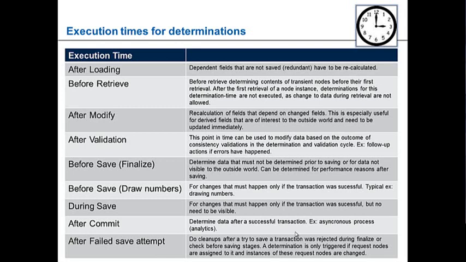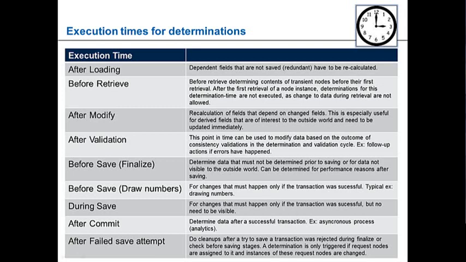And then you had other user exits, for example, for doing the number range. So these execution times for determinations are similar to this concept, but you don't have separate user exits, which means you don't have to repeat the same coding in different user exits to make sure they would be executed at different times. Now this object-oriented world allows you to keep the same coding in one place and just click if you need it at different times.